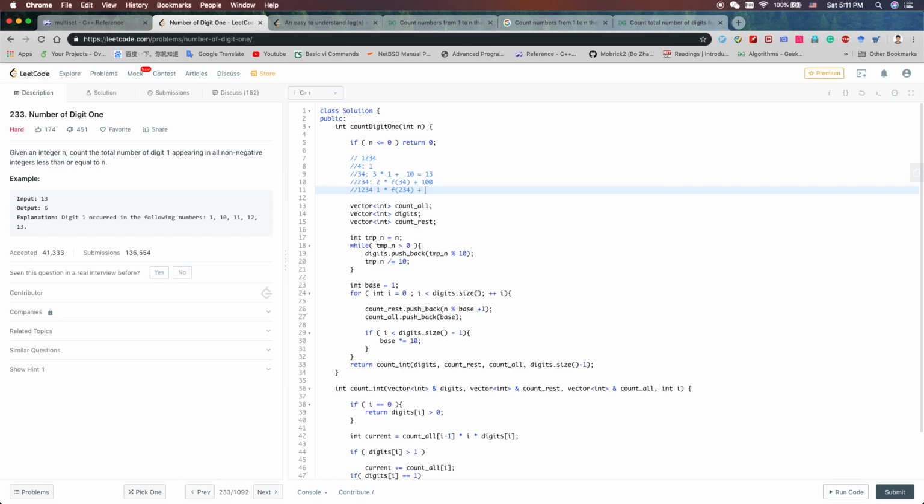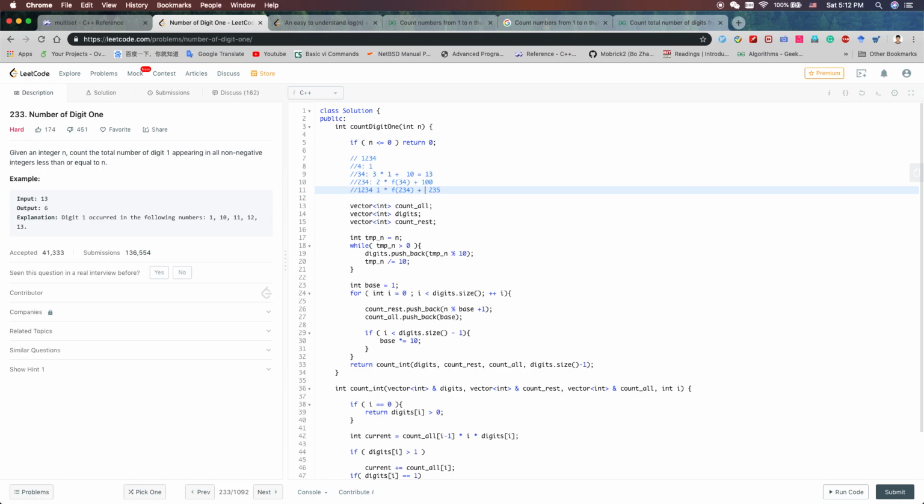And the second part is a little different, because if the first digit is 1, then you cannot count from 1,000 all the way to 1,999 because they only go up to 234. So for the second part, you can only count from 1,000 to 1,234, which has in total 235 numbers.